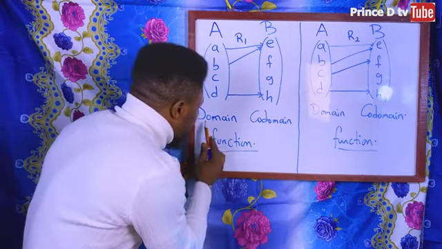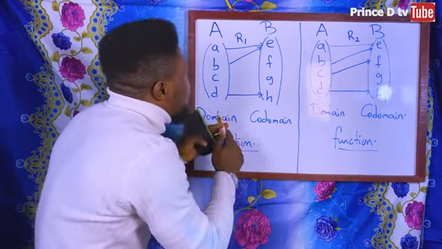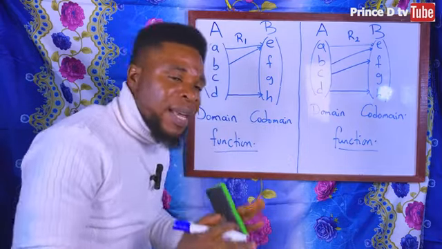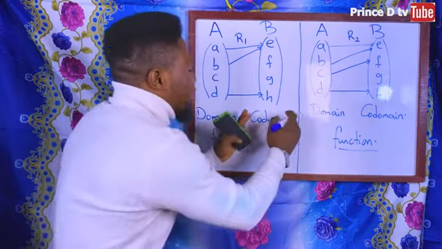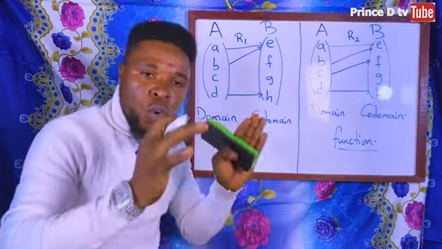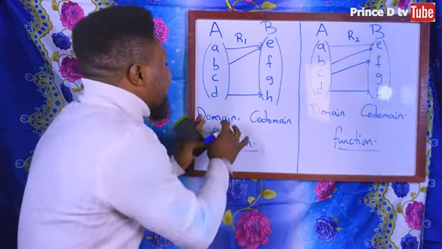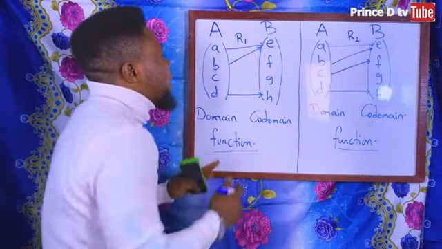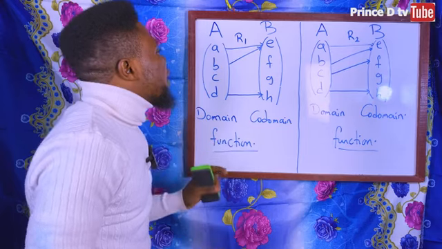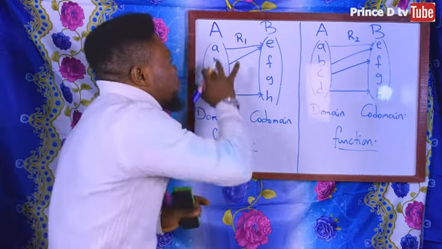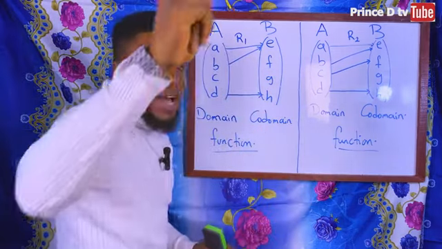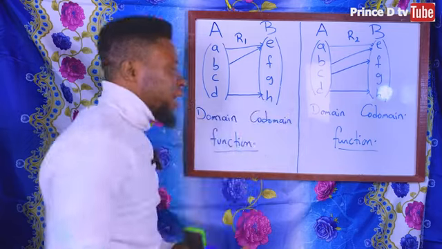This is the domain set. The set of the inputs, the beginning elements, is known as the domain, and the second set of the output elements is known as the codomain. In the domain, not all the elements must be used, but for any element that is being used, let it match to only one element in the output set, the codomain.